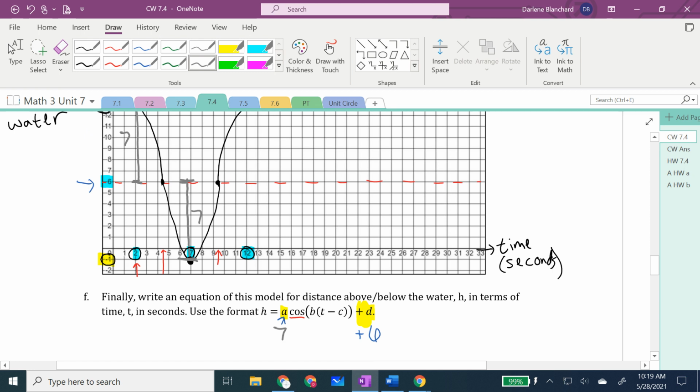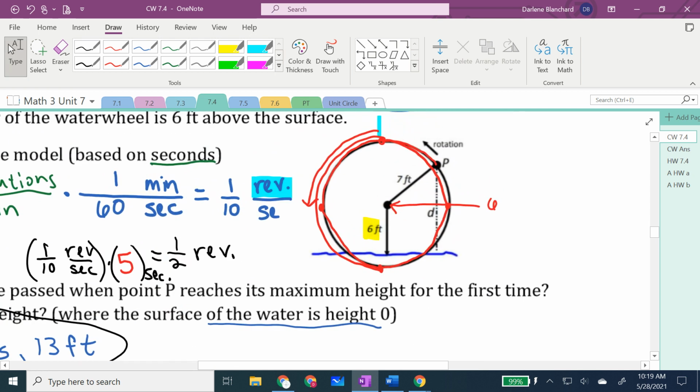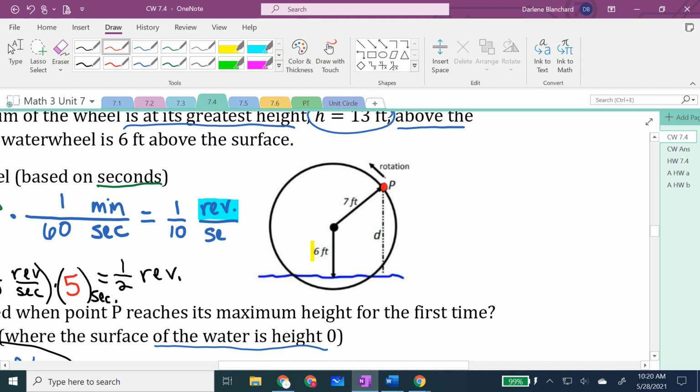And now I want to take a moment to go back to this word problem and look at where that 7 and 6 are coming from in the word problem itself. We were dealing with a water wheel, and that water wheel is watching this point P on the wheel itself and watching where that point moves as this water wheel turns.